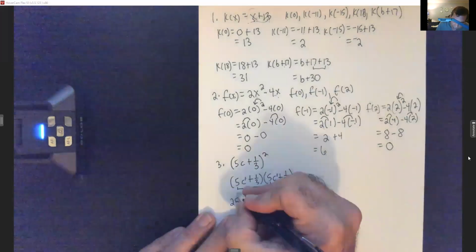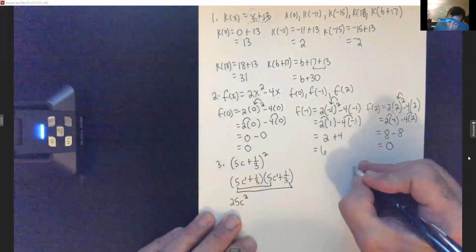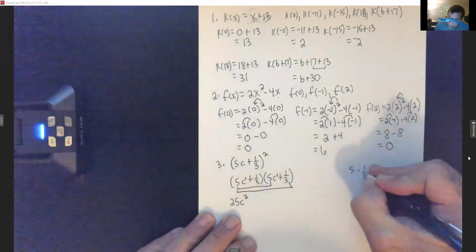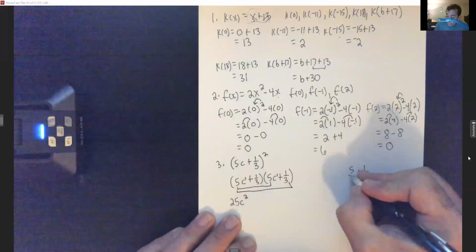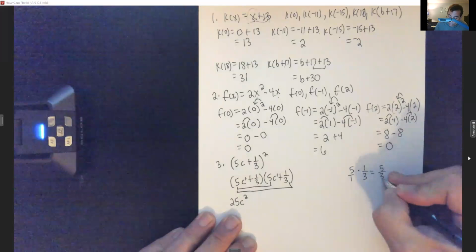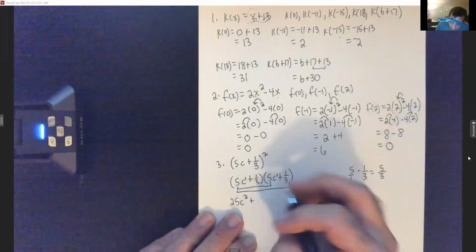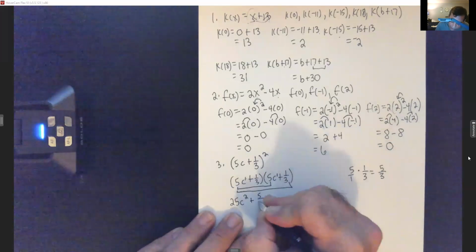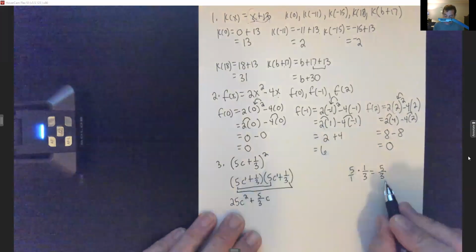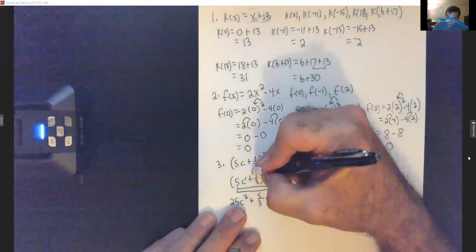Now I'm going to take the 5c times the 1/3. So y'all, if you got 5 times 1/3, put a 1 under the 5 and multiply straight across. So you get a 5 on top and a 3 on bottom. So 5c times 1/3 will be 5/3 c. Okay, because I got 5/3 from the numbers. Now I do the 1/3 times the 5c.